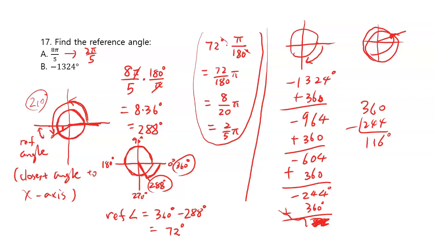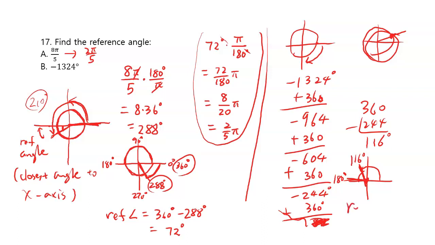Okay. So you have this 116 degrees, which is slightly after 90 degrees, right? So here's right here, which is 116 degrees, slightly after the 90 degrees. And we see that the closest x-axis is 180 degrees. So to get the closest angle to the x-axis, you need to subtract from 180.